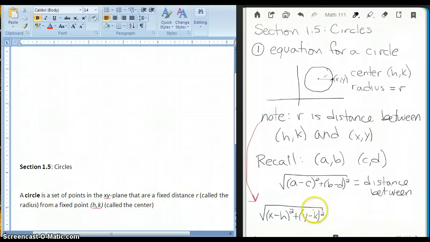Good. That's the distance between those 2 points right there. But what is the distance between those 2 points? We're told what it is. It's r. So that means that square root, that distance right there, has to equal r.